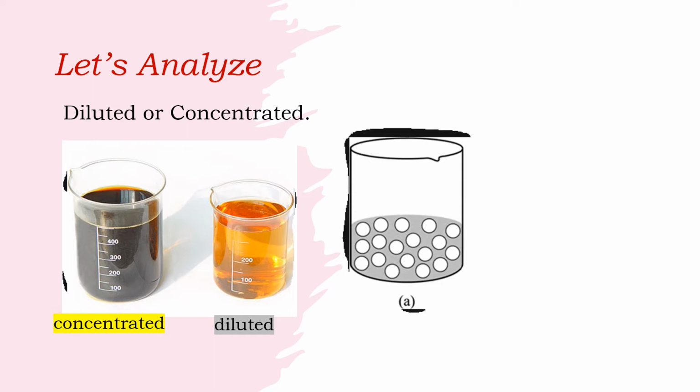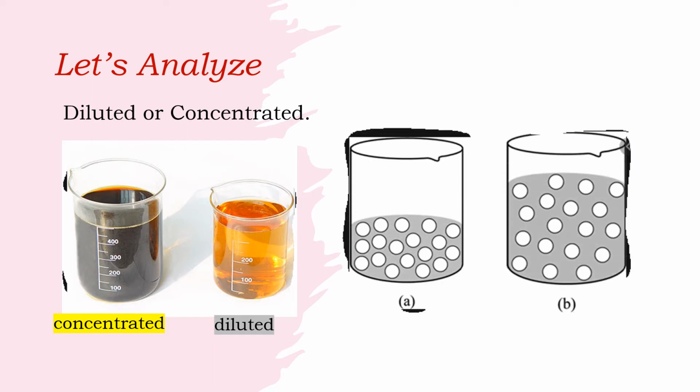How about this one? Ayan po, napapansin po ninyo, parehas po ba yung amount ng solvent or ng water? So, magkaiba po. The first, yung letter A po, onti lang yung kanyang solvent o yung water, while the letter B, marami yung kanyang water.